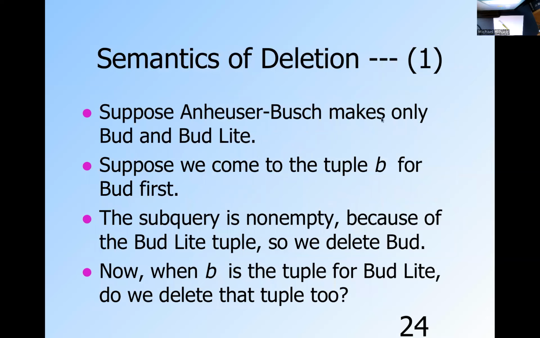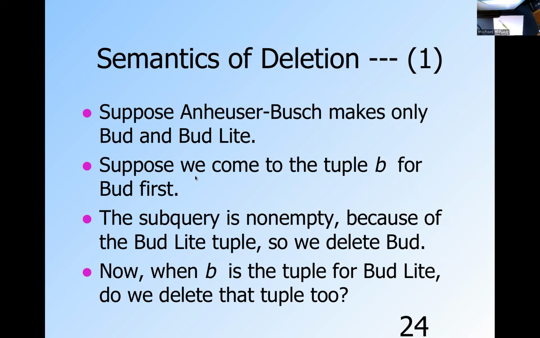Okay, so in this case, suppose that Anheuser-Busch makes only Bud and Bud Light. Suppose we come to Bud first. So basically, there's kind of an ambiguity here. You think about it, what does this really mean? Because if I do this query and I come first to Bud and I say, oh, there's a Bud Light, so then I decide I'm going to delete Bud, right?